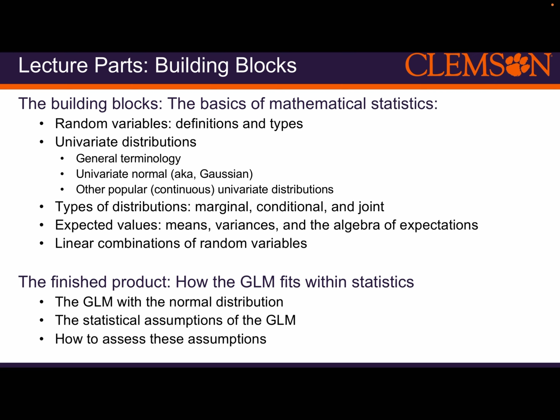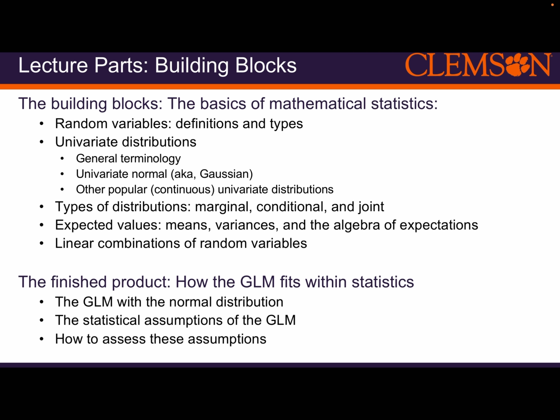And we'll talk a little bit about properties of distributions or linear combinations that we really need to think about when we get into more complex things, in particular means, variances, and what we call the algebra of expectations. We're going to do this to really talk about linear combinations of random variables. For instance, in a linear model with interactions, you may want to form simple slopes.